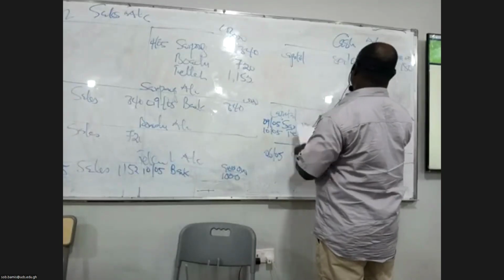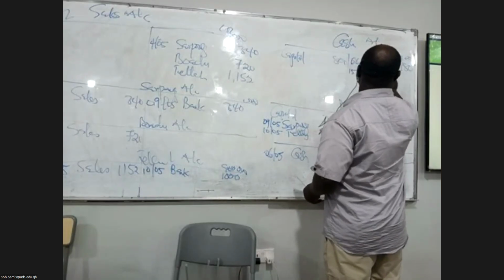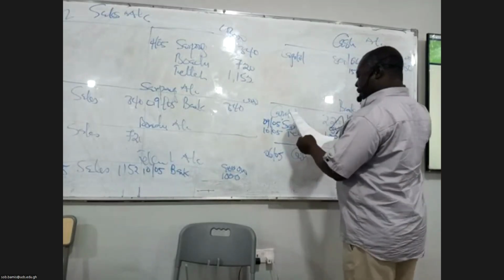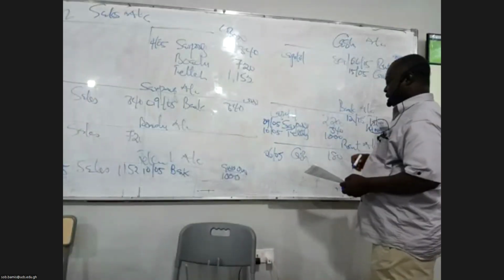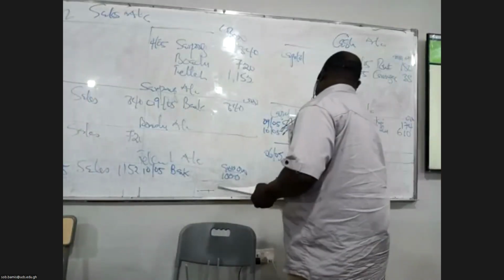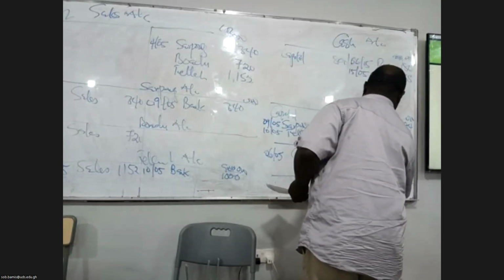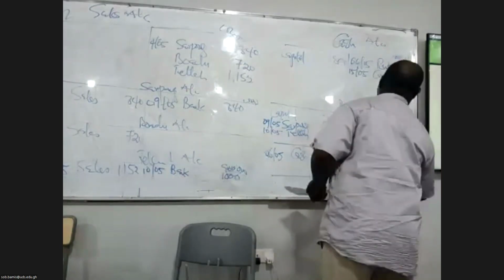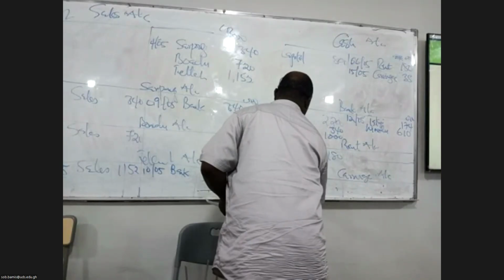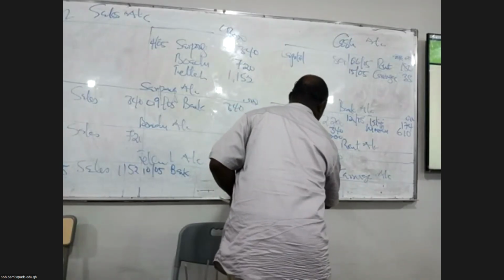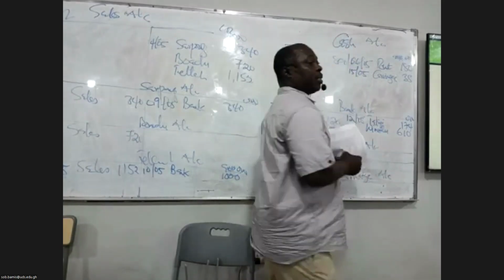The date is 15th. Carriage. How much is carriage? 38. So then we open carriage account. So on the 15th, cash, how much? 38.